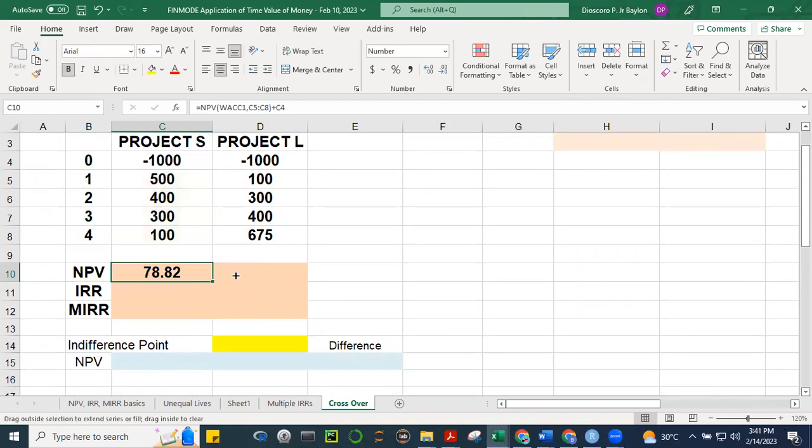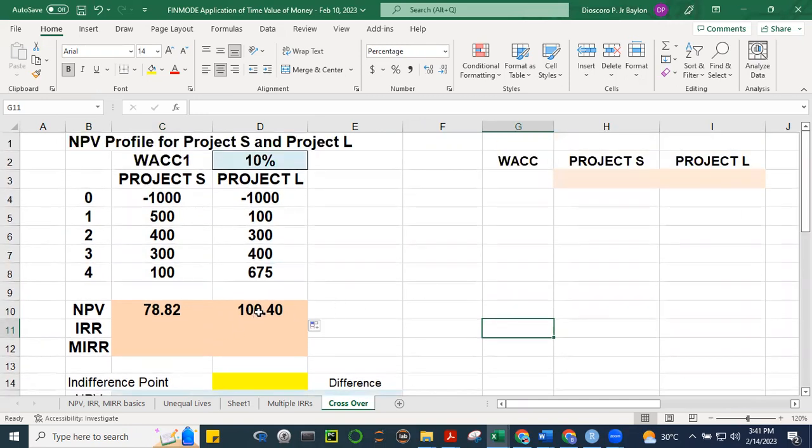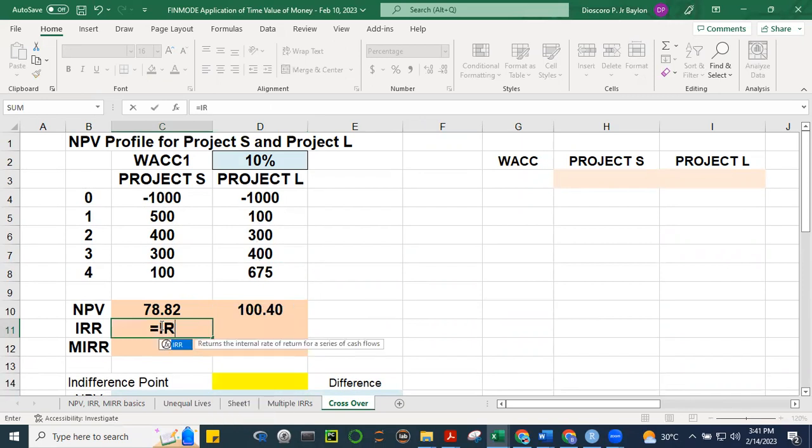And then we just copy this to the right. Okay. So if we look at this, mas okay si Project L kasi NPV niya 100.4. Okay, so let's compute for the IRR. IRR values, ito lang, no?